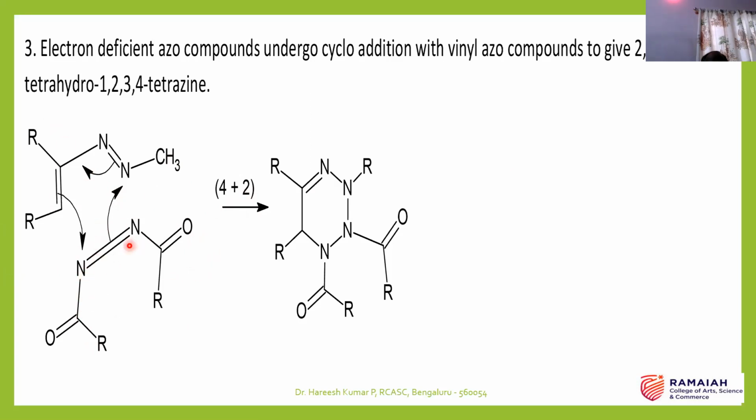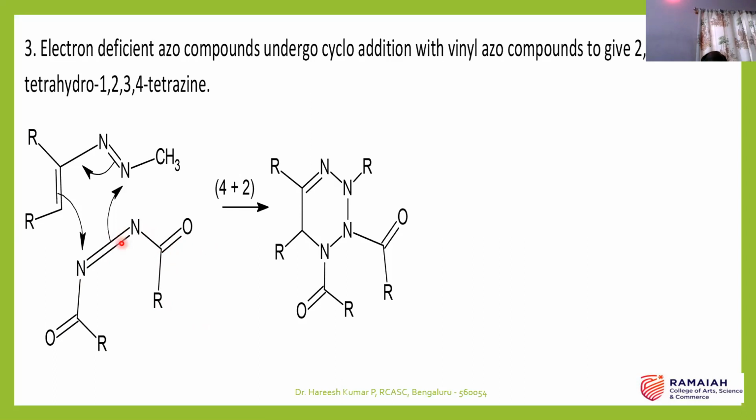You know that this NH double bond NH is called diimide. So that diimide, when it is treated with acyl halide, you will get a product, since there is the presence of an acyl group attached to the nitrogen.